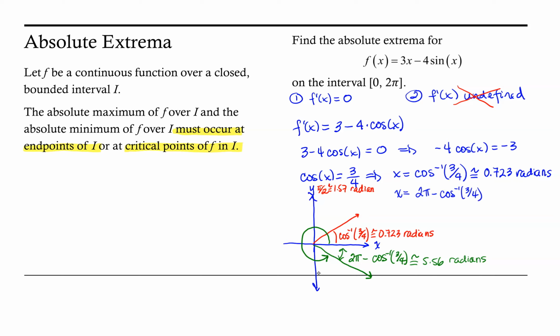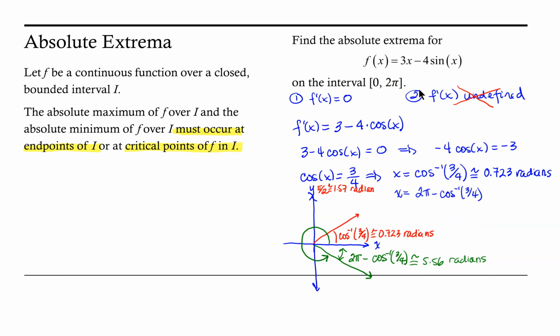Coming back to our goal to find the absolute extrema, recall that we must consider the endpoints and the critical points on the interval. Both of these angles, inverse cosine of 3/4 and 2 pi minus cosine inverse of 3/4, lie within the interval from 0 to 2 pi.